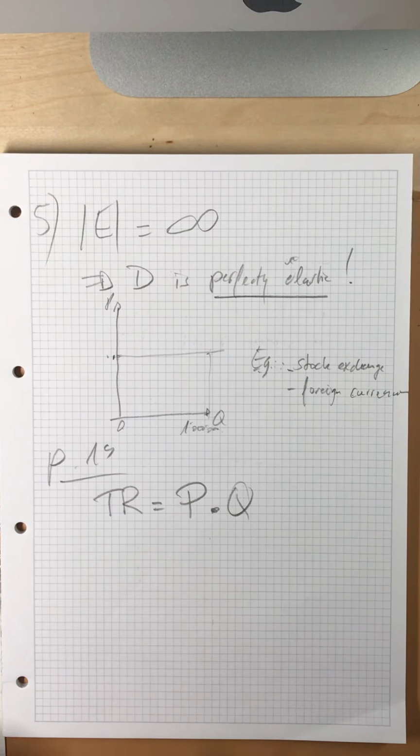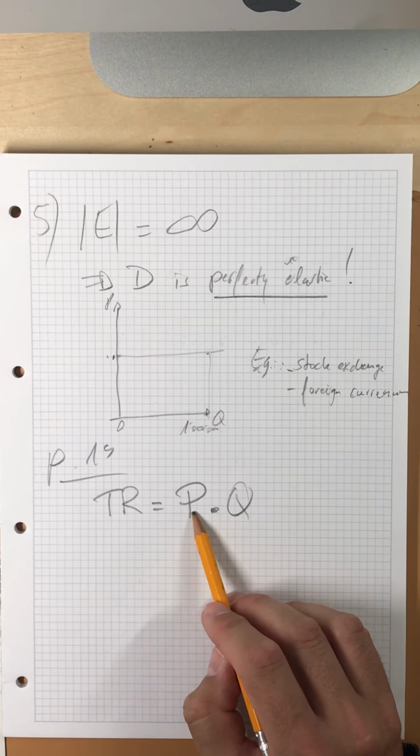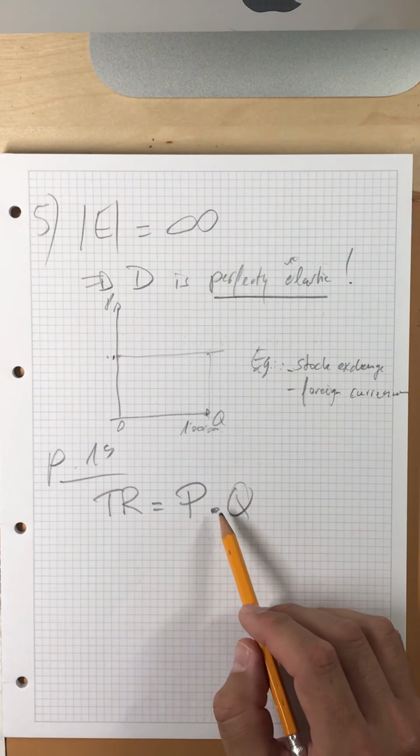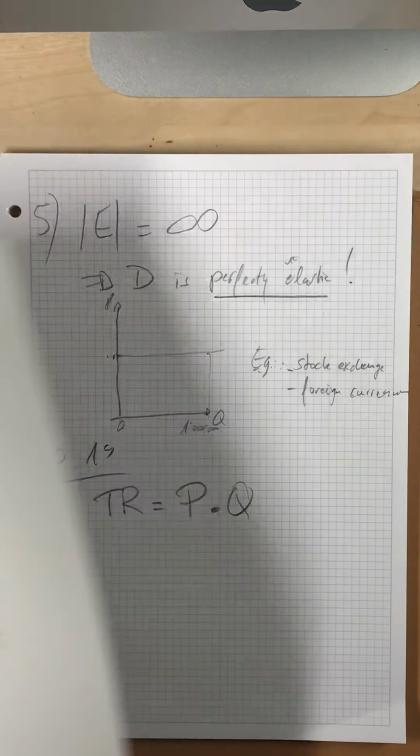If you buy 2 chocolates, you are going to calculate the total revenue. In other words, the amount of purchasing. It's P times Q. P, 2 francs per chocolate, times Q, times 2. If you buy 2 chocolates, the total revenue is 4 francs. Easy. So P times Q.